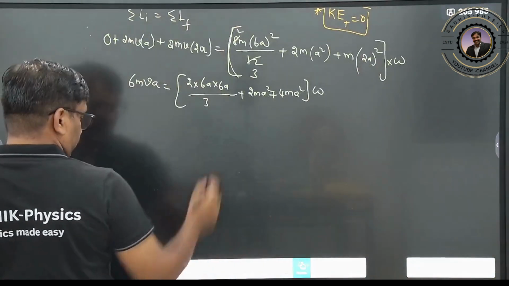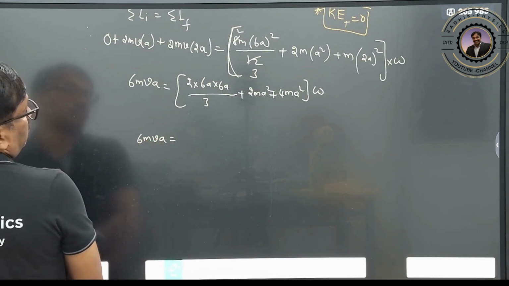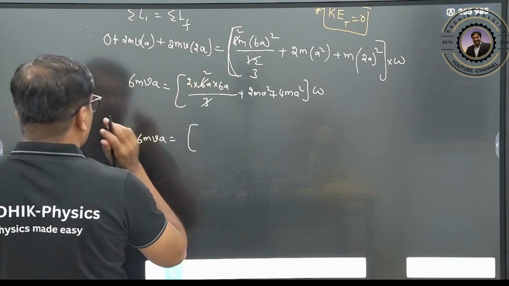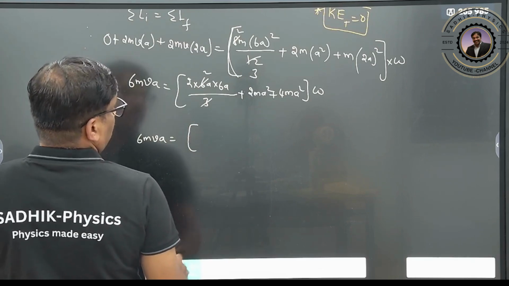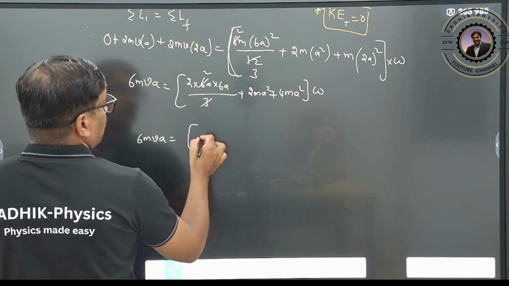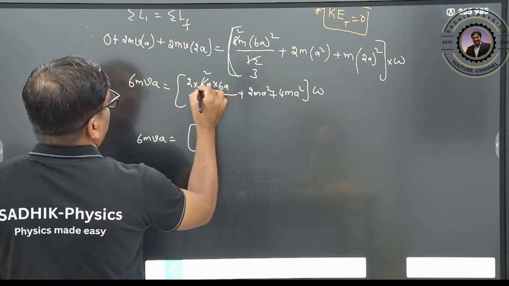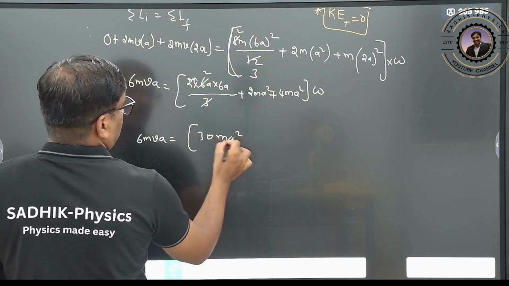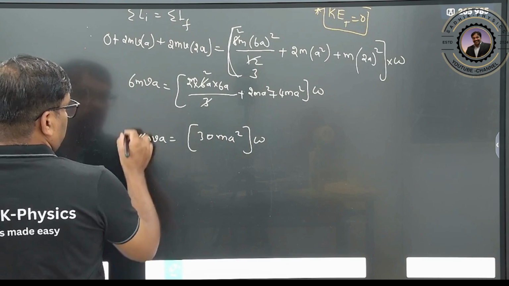Let us simplify this. 6mva equals, 24ma square plus 6ma square, that is 30, so 30ma square into omega. Clear?